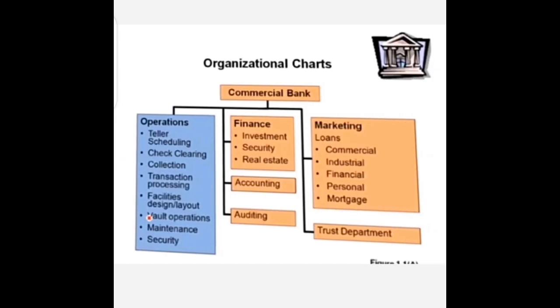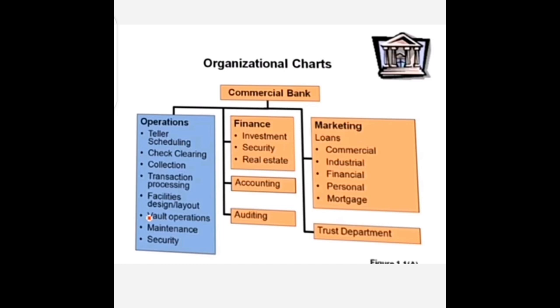So here is the organizational chart of the commercial bank. So here is the chart of the banking industry. So there exist the commercial banks which provide loans to the local customers or local residents of that area.